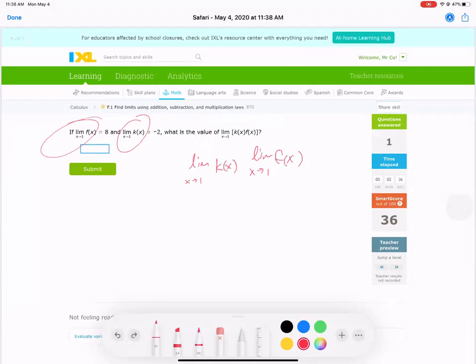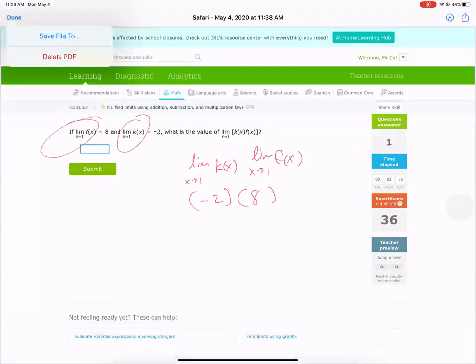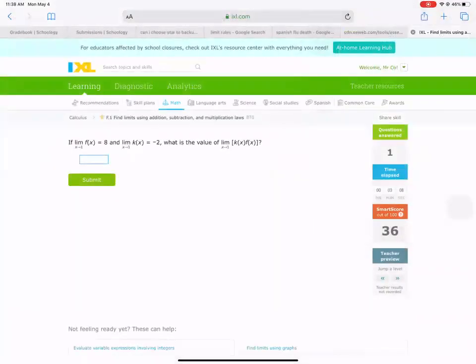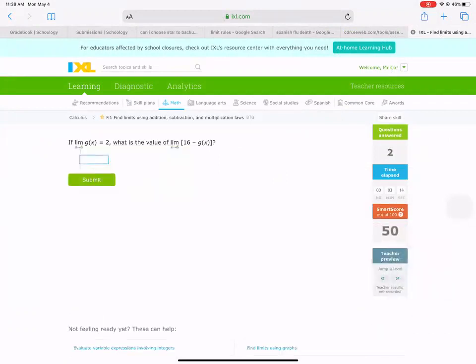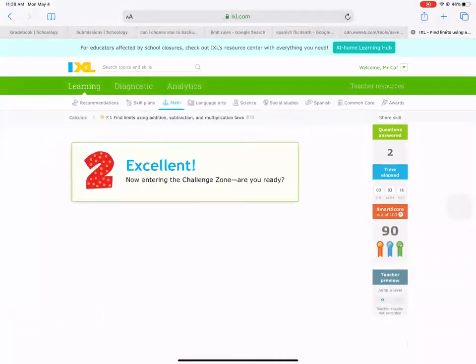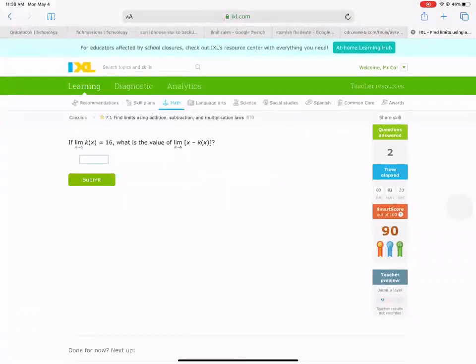And that's going to be -2 and 8. It's going to be -16. I'm just going to move on. Okay, that's the first one.